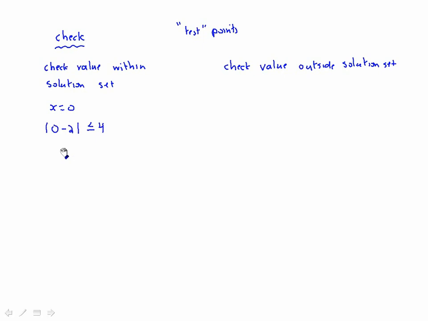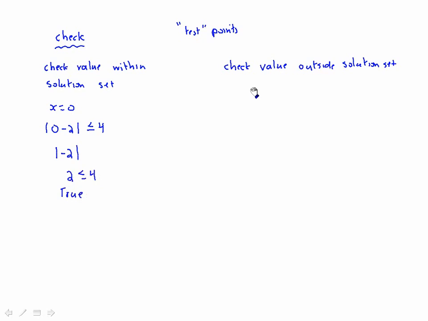All we're doing is making sure that everything's cool with our inequality. So we get absolute value of negative 2, which turns into 2, less than or equal to 4. Now, this is a true statement. So I'm satisfied. The one within the solution set worked. It's true. So I believe that everything is going to work in there. Now, you can check more points, but this is good enough.